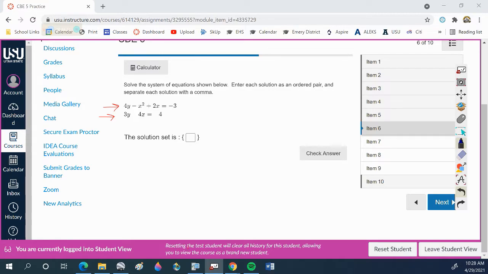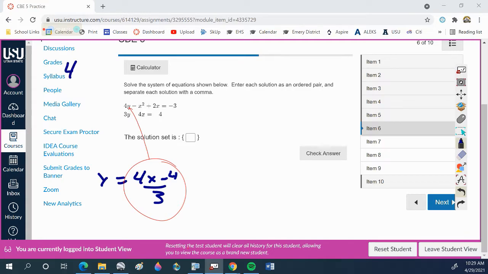Okay, I'll show you another way here in a second. So I'm going to add this over: 3y equals 4x minus 4. And then divide by 3. And I get y equals 4x minus 4 over 3. Then I can stick this in here.